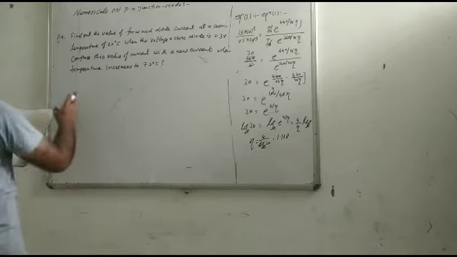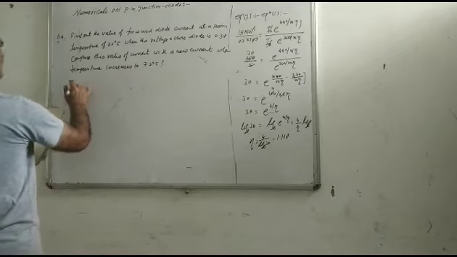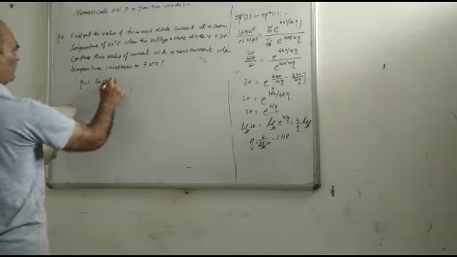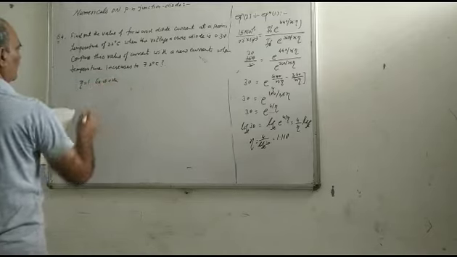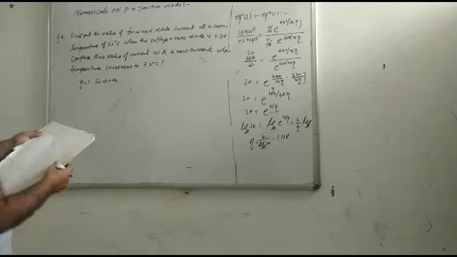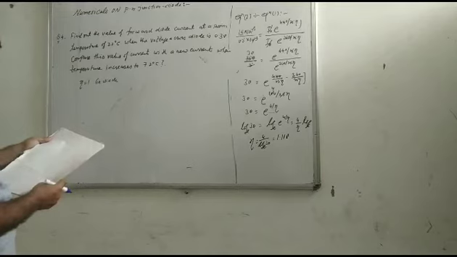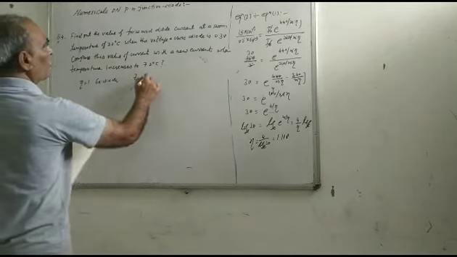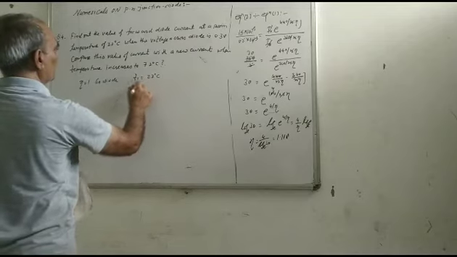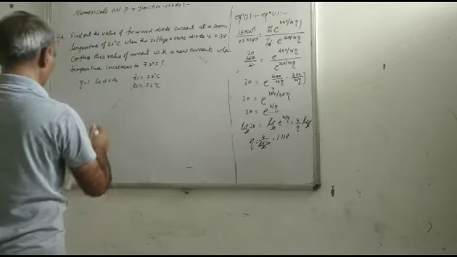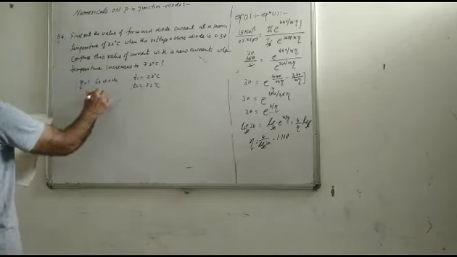Now, for the germanium diode, if not given, consider eta is equal to 1. Assume the diode is a germanium diode, as it is not given which type of diode. T1 is equal to 22 degrees centigrade, T2 is equal to 72 degrees centigrade, and voltage is 0.3 volt.